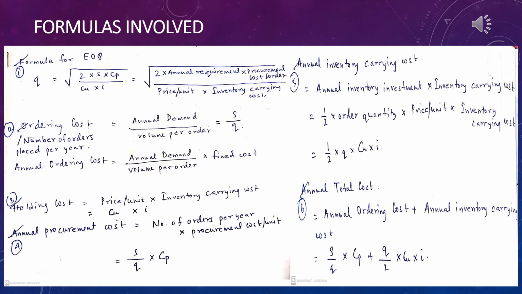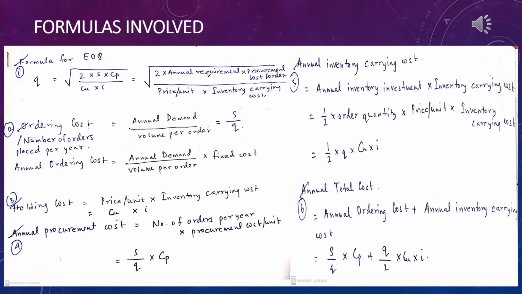And while talking about the annual total cost, we can just add the procurement cost or the ordering cost plus the inventory carrying cost, which we have found to be S by Q into CP, our procurement cost or ordering cost, and just now we talked about the inventory carrying cost, which is Q by 2 into CU into I.